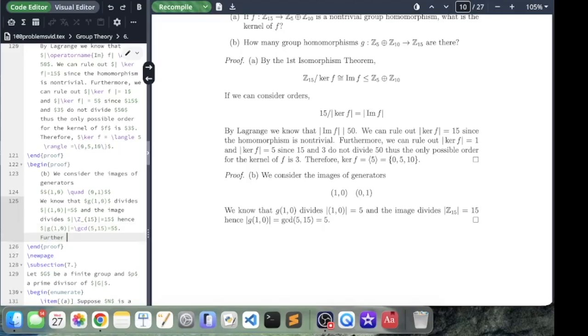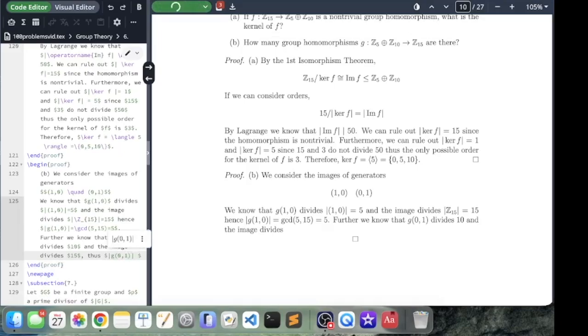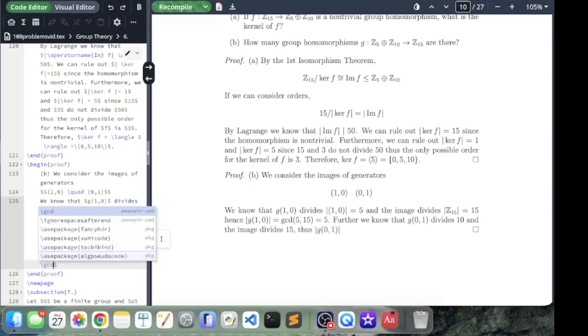Further, we know that the order of g of (0, 1) divides the order of (0, 1), which is 10, and the image divides 15. Thus, the order of g of (0, 1) is at most the GCD of 10 and 15, which is equal to 5 as well.